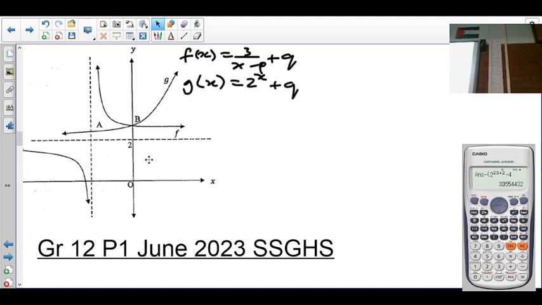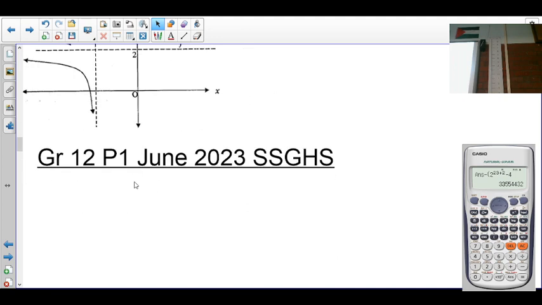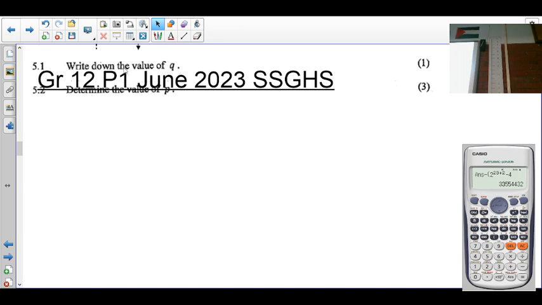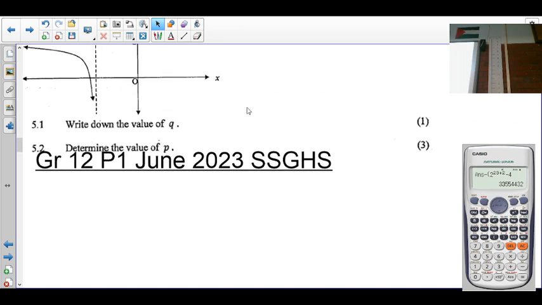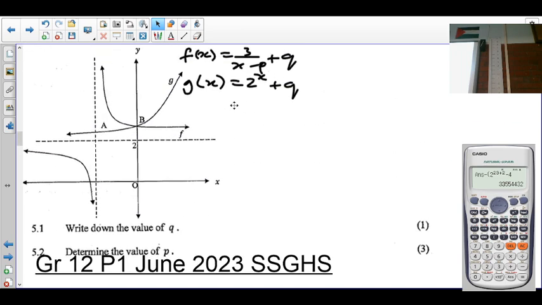So the first question says, write down the value of q. As you can see, q is your y-intercept and your horizontal asymptote. So this is your value of q normally. As it's going through 2, your q value of course is going to be 2.